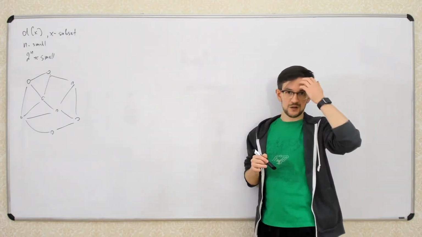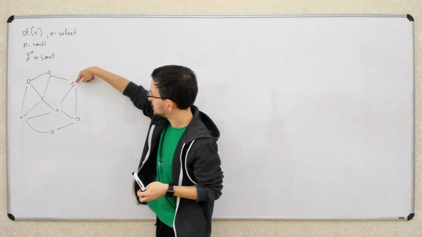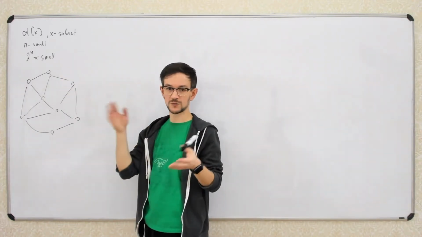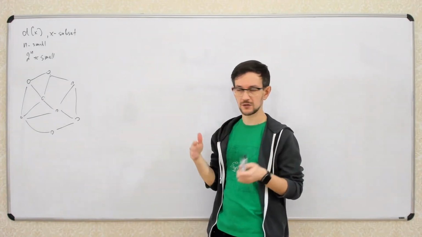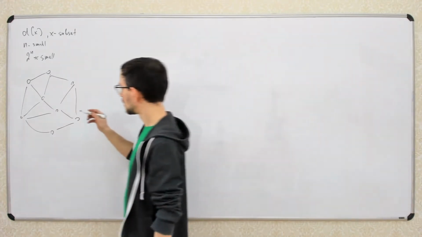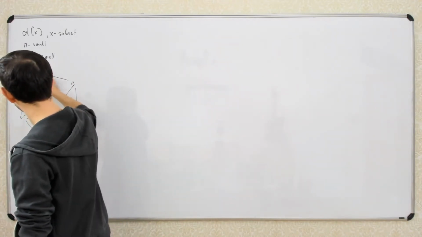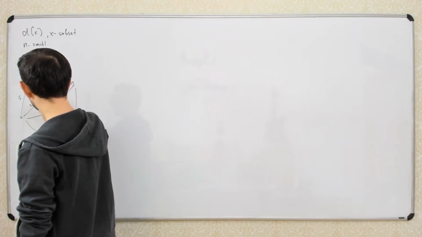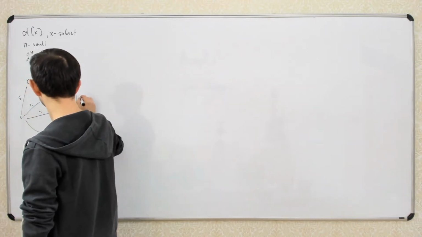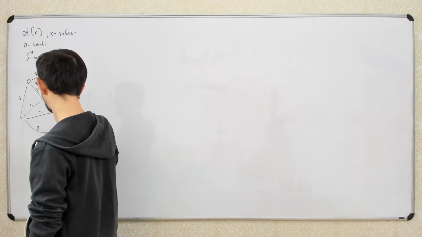The vertices are the cities, and the edges are the roads between the cities. For each road, you know the distance you need to travel along it, the length of this road. Let's say something like 5, 2, 3, 4, 7, 3, 2, 3, 5, 6, 7, 8, 5.